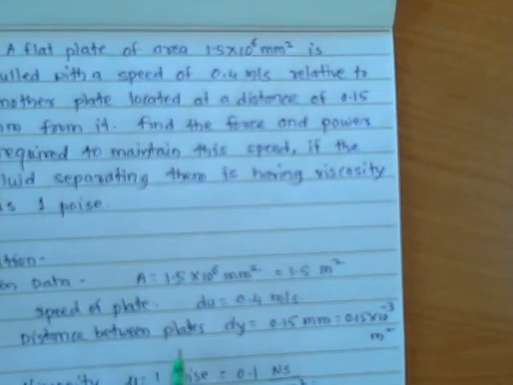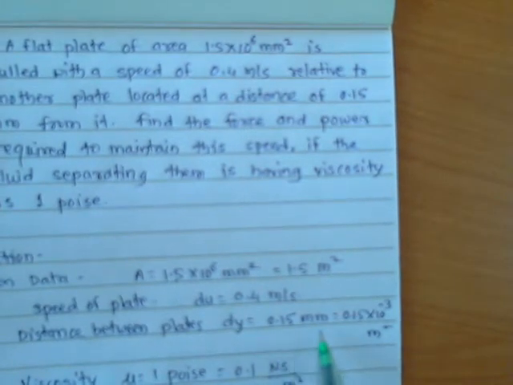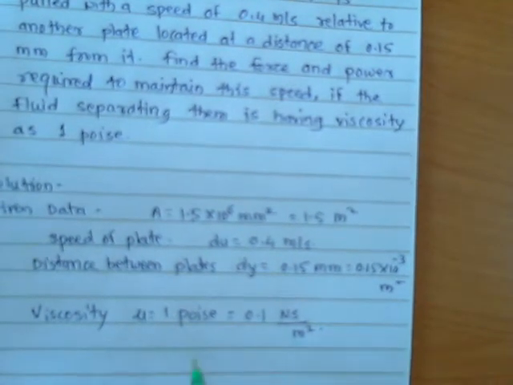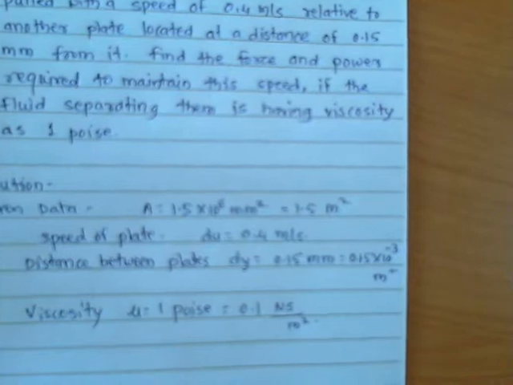The distance between the two plates is dy equal to 0.15 mm, which is 0.15 into 10 raised to minus 3 meter, and the viscosity of oil mu is equal to 1 poise. We convert it into newton second per meter square as 0.1 newton second per meter square.